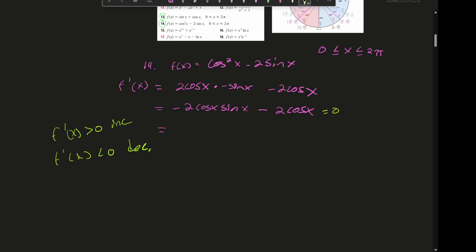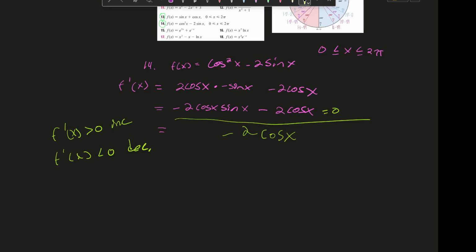First thing I'm going to do is divide everything by -2. I can do that on the other side because there's 0 over there, so it'll just go away.